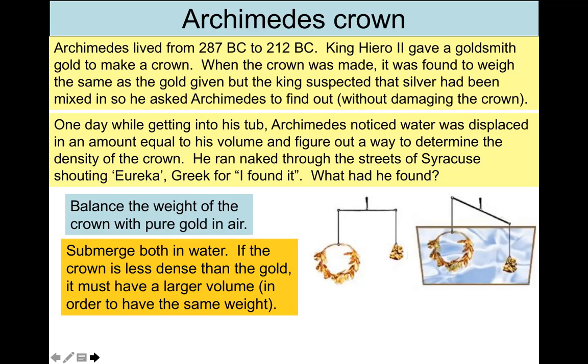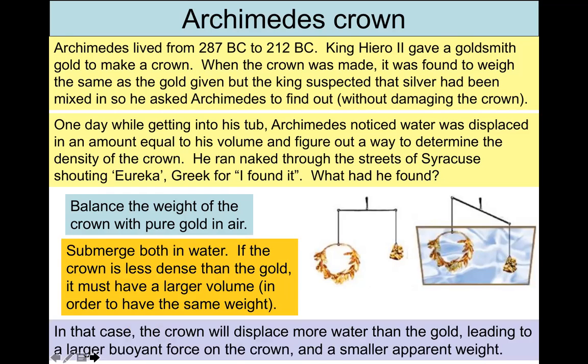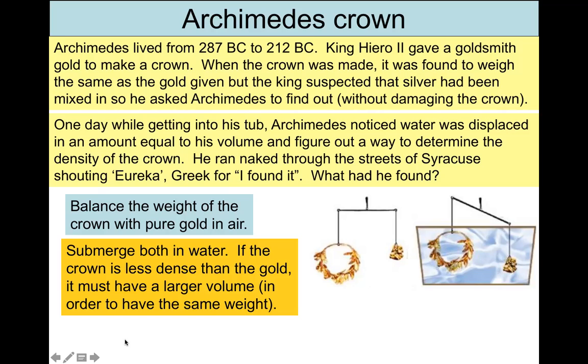If the crown had some silver mixed in, that makes the overall crown have a smaller density, right? Because silver has less density than gold. So if you mix some silver in, you're lowering the overall density of your crown, which means that for the same weight you would have a bigger volume.